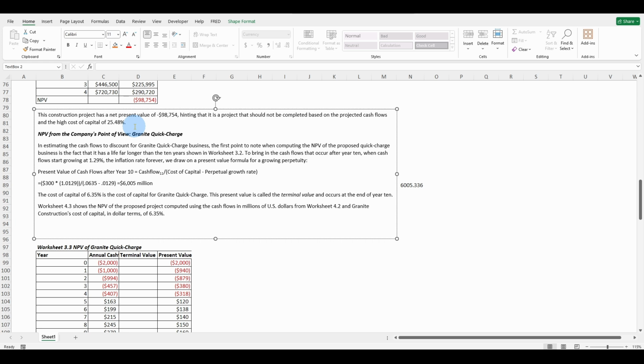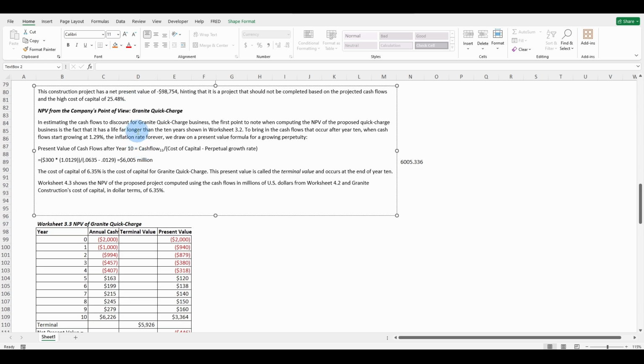Net present value from the company's point of view: Granite Quick Charge. In estimating the cash flows to discount for the Granite Quick Charge business, the first point to note when computing the net present value of the proposed Quick Charge business is the fact that it has a life far longer than the 10 years shown in worksheet 3.2.